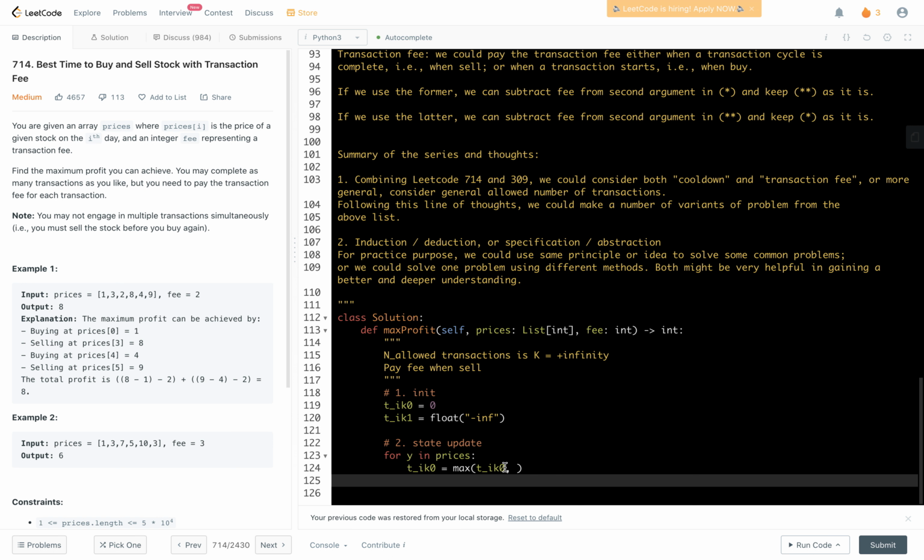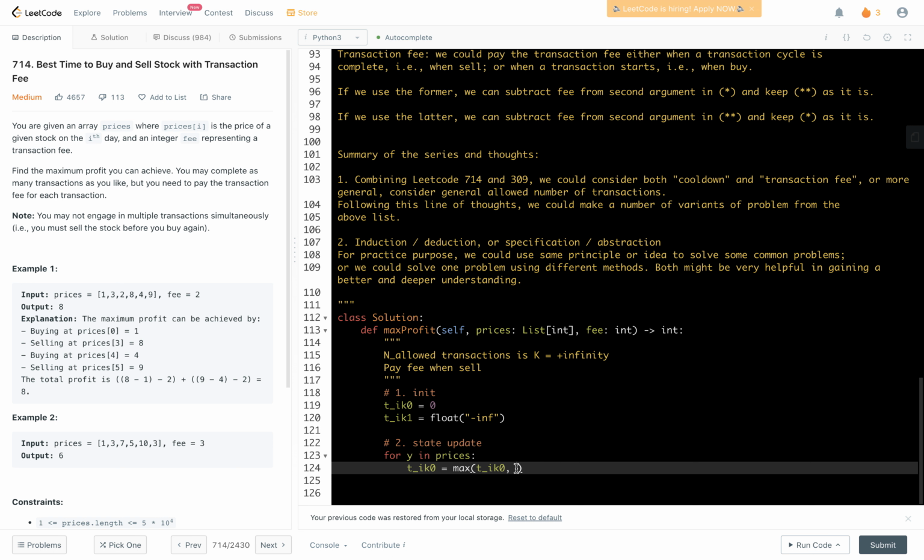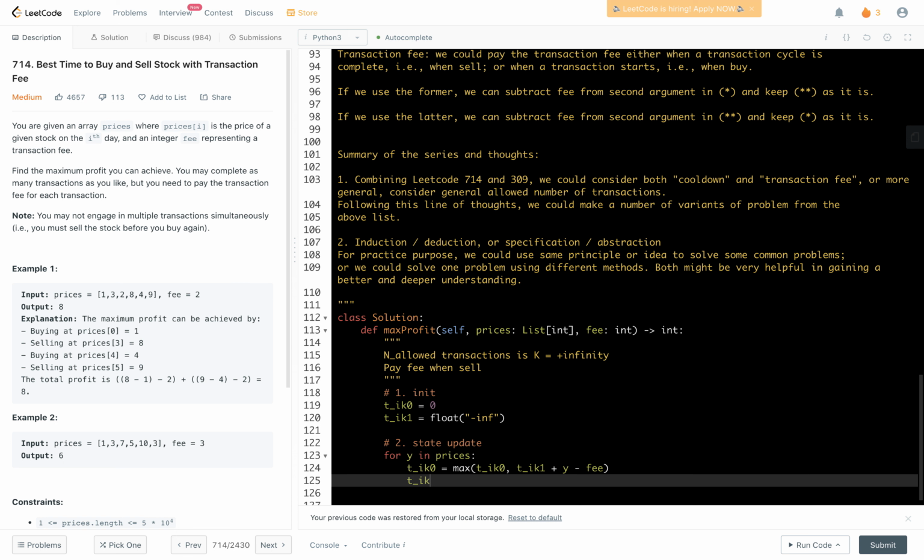It has two possibilities: the max of T_ik0, its previous state, meaning the state at the previous day, where we choose to rest. Another possibility is that the previous day we hold stock, and then we can try to sell stock. If we sell stock, we gain some profit, that is, we plus y. If we choose to pay the fee when we sell, we need to minus this fee.